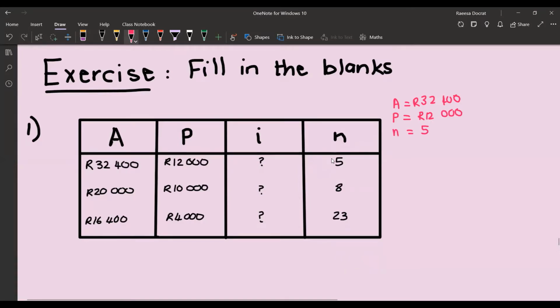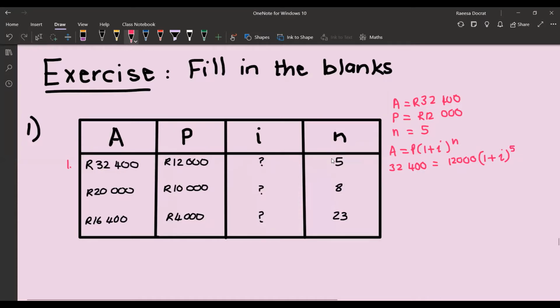We're going to substitute it into the formula. So here we have A is equal to P(1 plus I) to the power of N. That's the compound interest formula. So 32,400 is equal to 12,000 times (1 plus I), that's our unknown, I, to the power of 5.